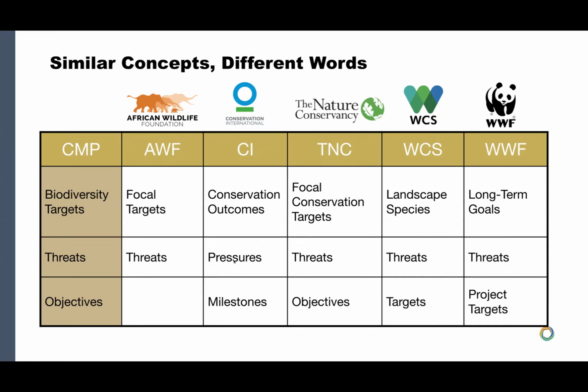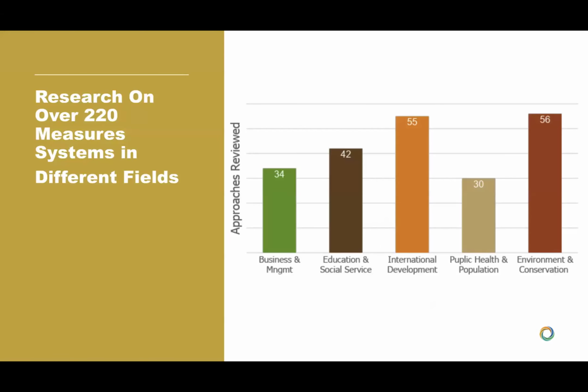Threats can be called pressures or threats. Objectives or goals are called milestones or targets or project targets. So there's really this challenge with using different language to talk about the same things, which really makes it very difficult to share learning across organizations. So these organizations got together, did a bunch of research on other measurement systems in related and different fields.